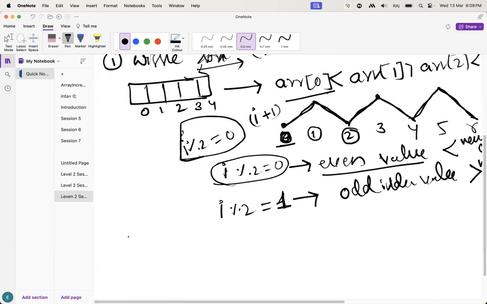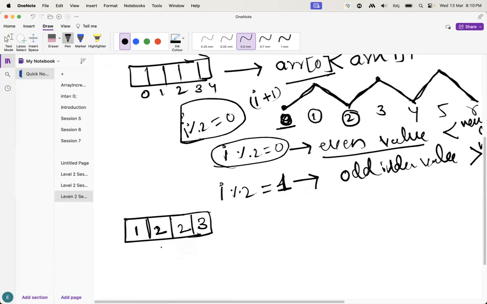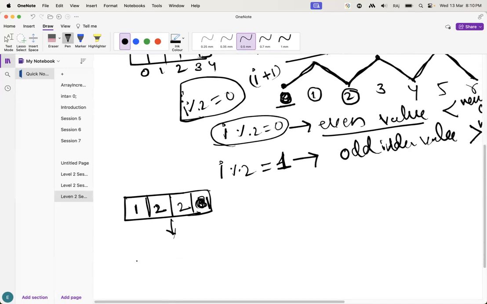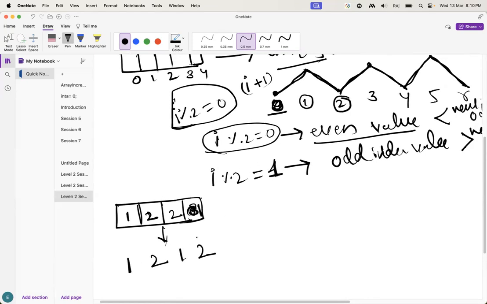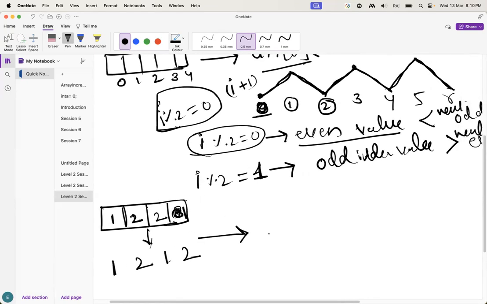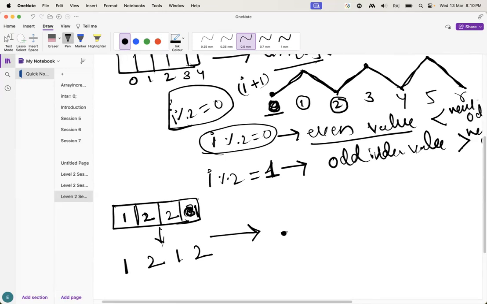So let's suppose they have given one array like this: 1, 2, 2, 3. That means we have to convert this array in this way. Let's suppose, wait guys. We have to convert this array to 1, 2, 1, 2. That means the starting even index will be low.